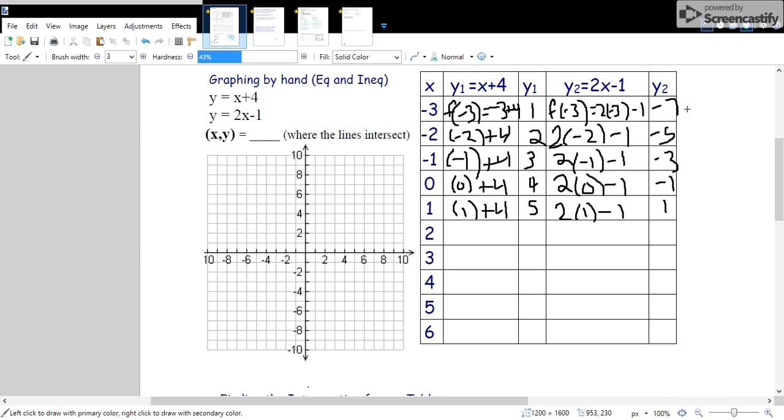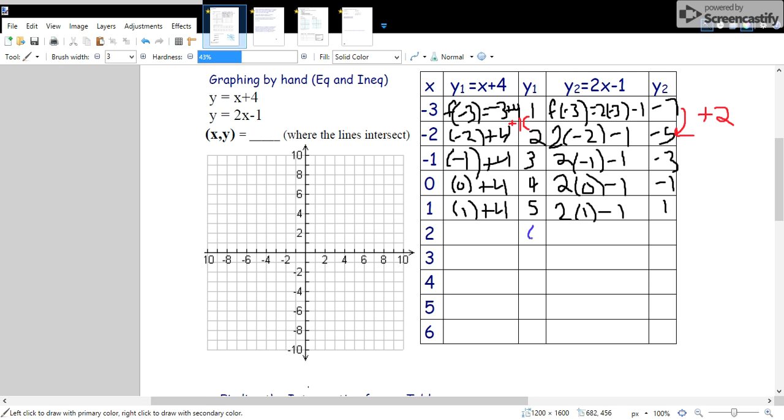Our change in the second y, you're adding 2 each time. On this y, you're adding 1 each time. So if we look at that pattern, we don't have to show every step here. Identify the pattern and move on.